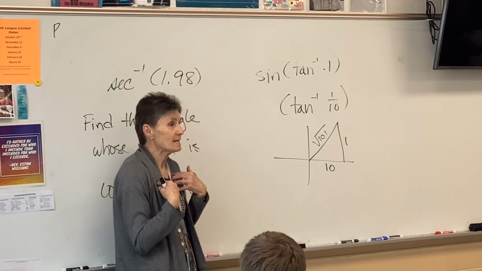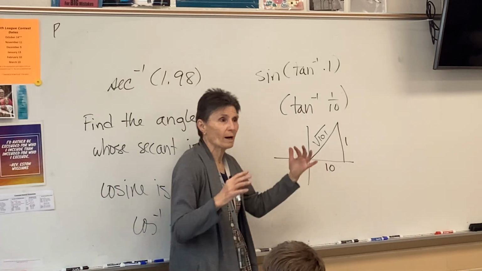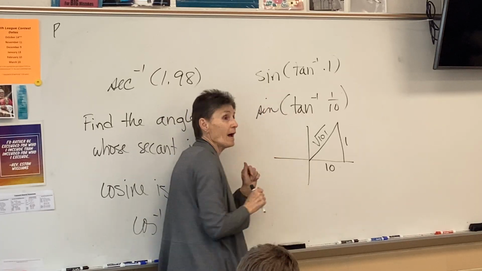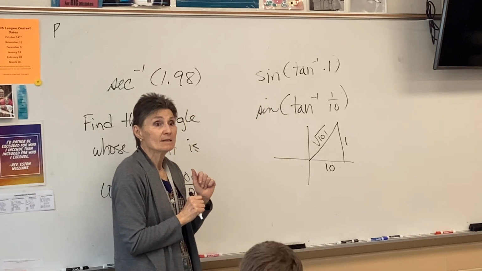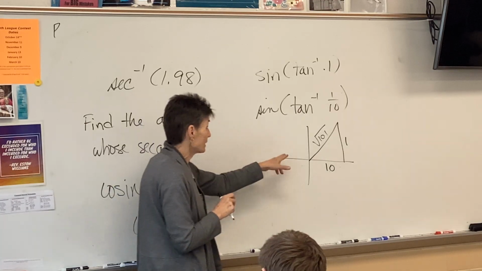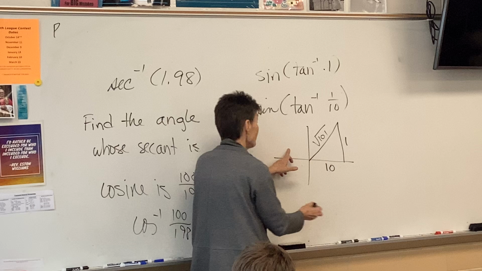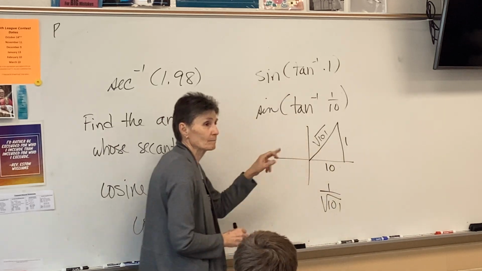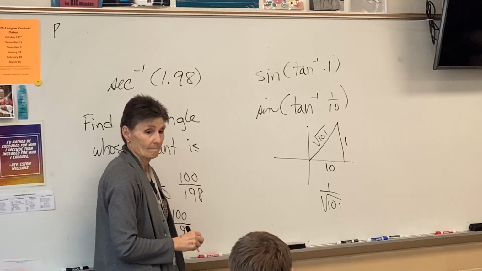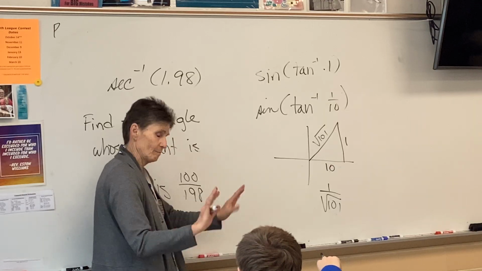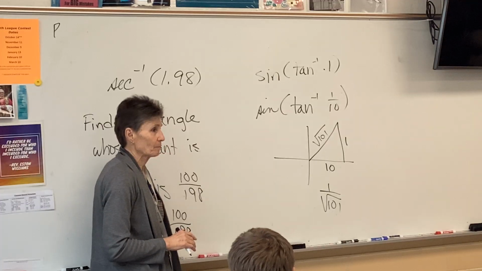Exactly. Do I have any idea how big that angle is? No idea at all, and I don't care, because remember, I am not finding the angle, I'm finding the sine. Can I find the sine here? Yep, it's 1 over the square root of 101. No, we don't have to fix that. Leave it.